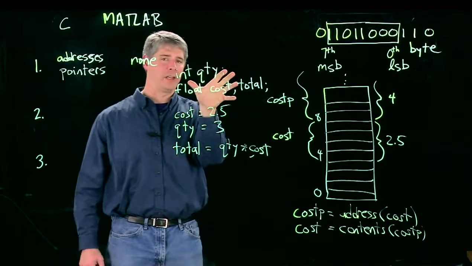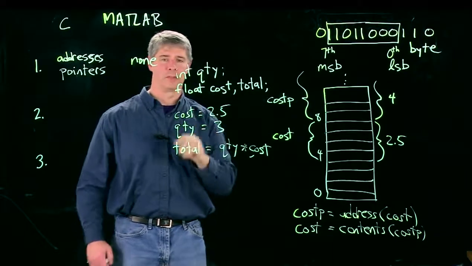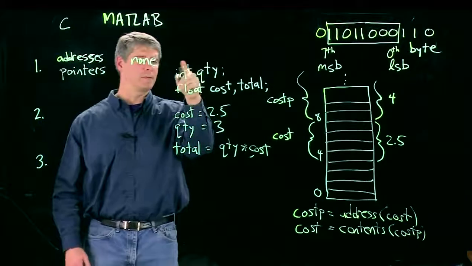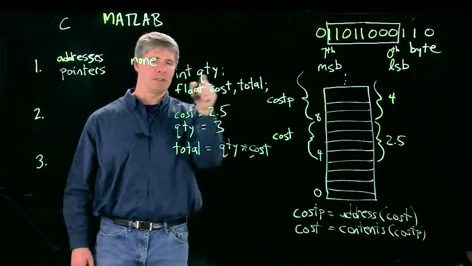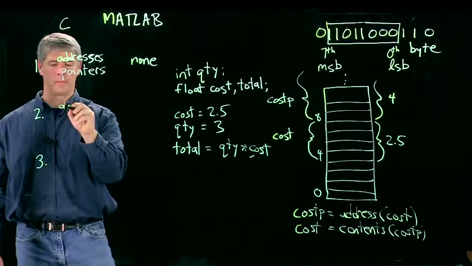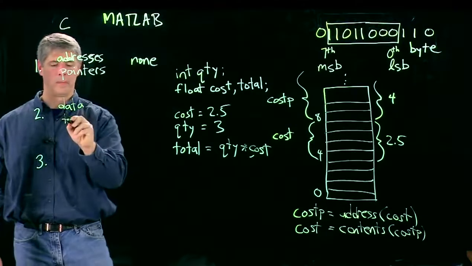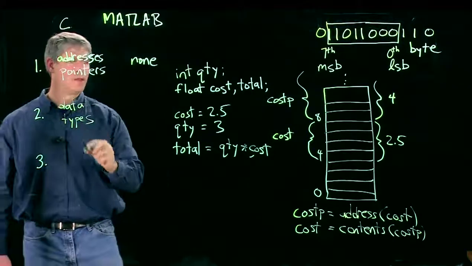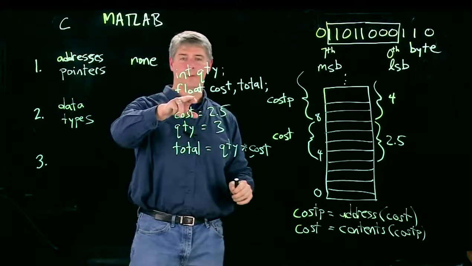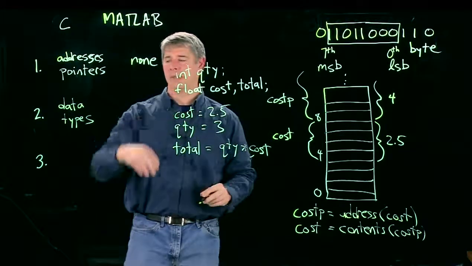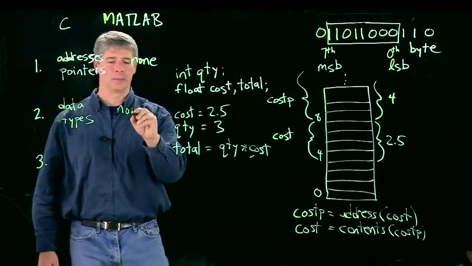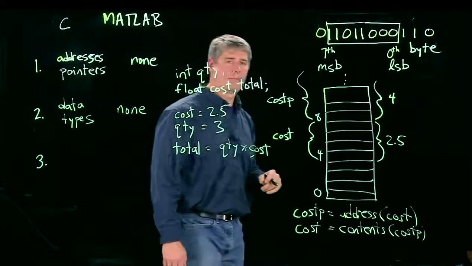So you have to define your variables first before you ever use them. And these types of variables are called data types. I have an integer data type and I have a floating point data type. And in MATLAB, there's no concept of data types.